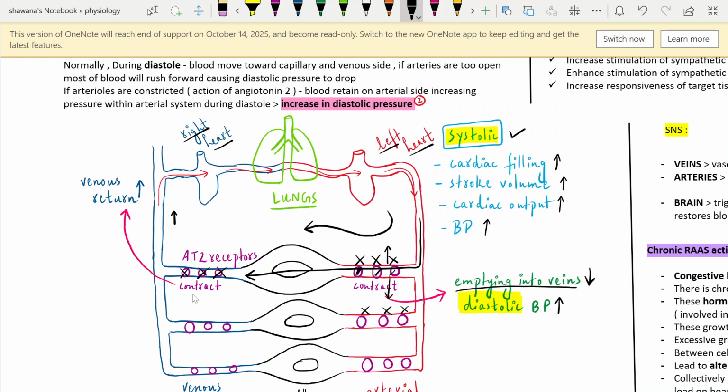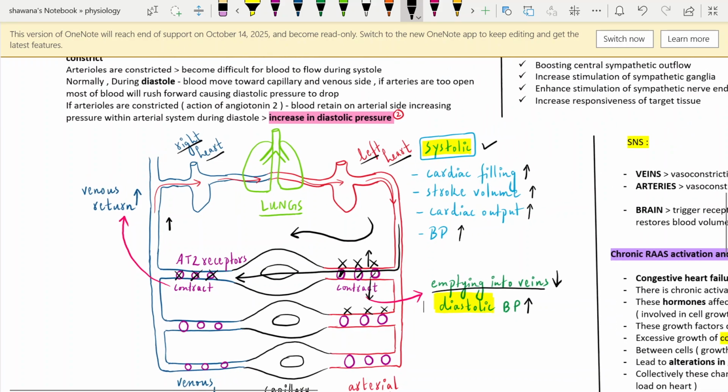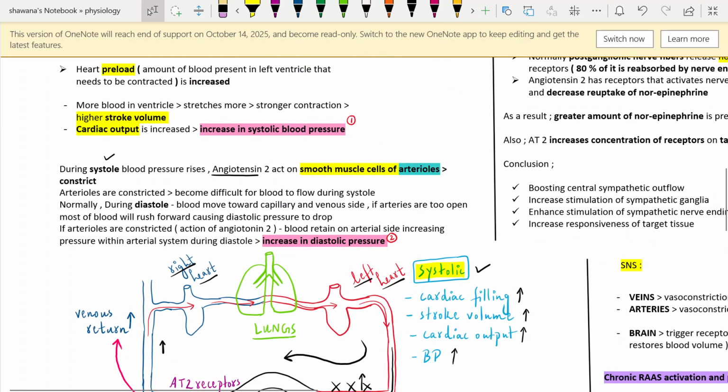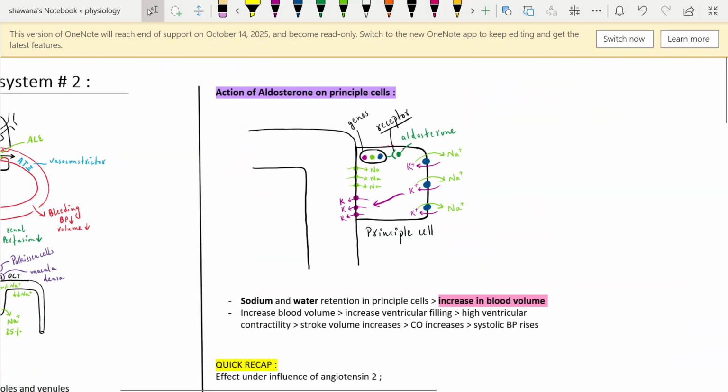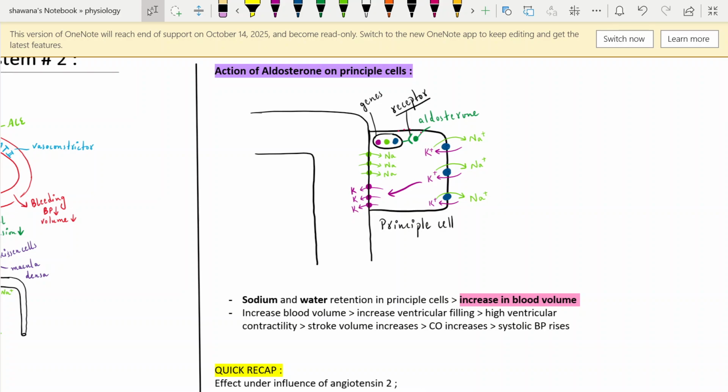It will cause an increase in the diastolic pressure, and that's our target number 2. Our first target was to increase the systolic pressure, and our second target was to increase the diastolic pressure, and we have achieved both.